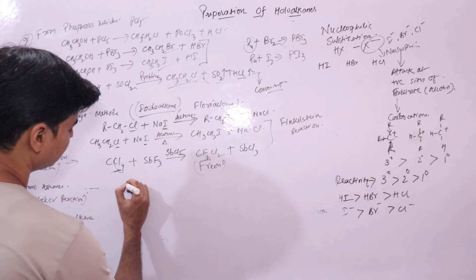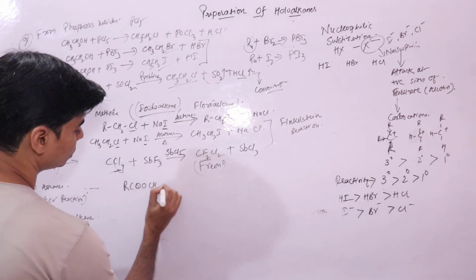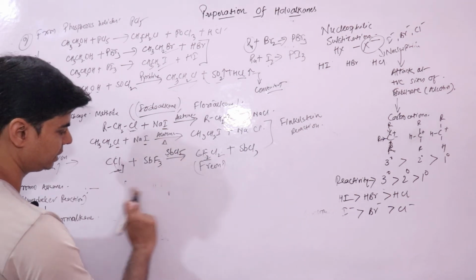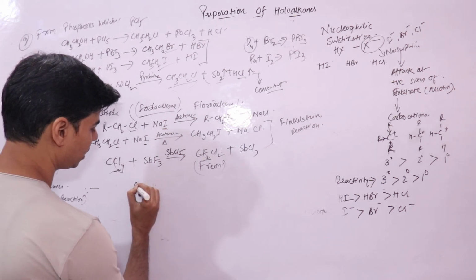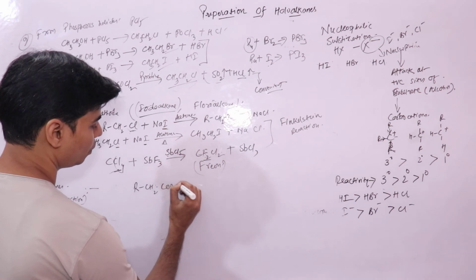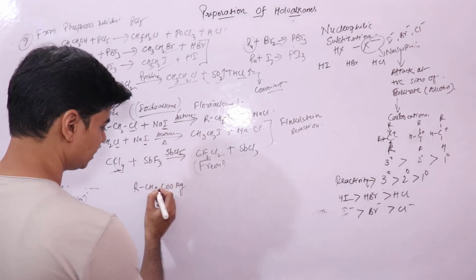You take the silver salt RCH2COOAg. This is your silver salt of a higher fatty acid.